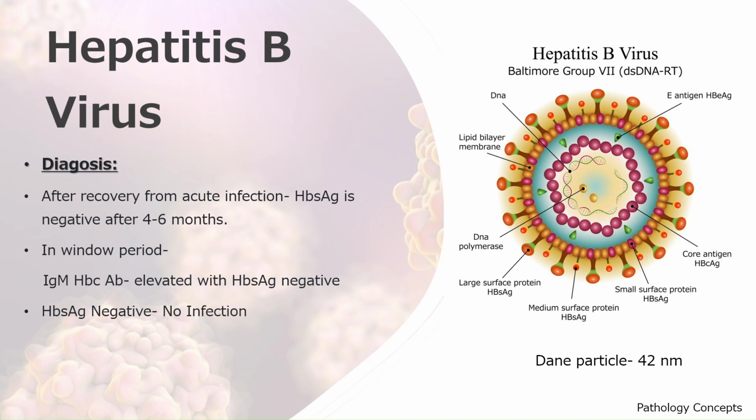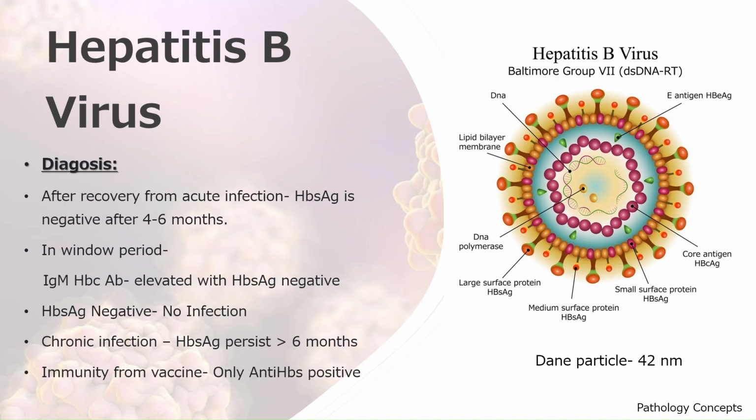If HBsAg is negative, then we can state that the person is not infected with hepatitis B virus. If HBsAg persists more than 6 months, then we can state that this is a chronic infection of hepatitis B virus.